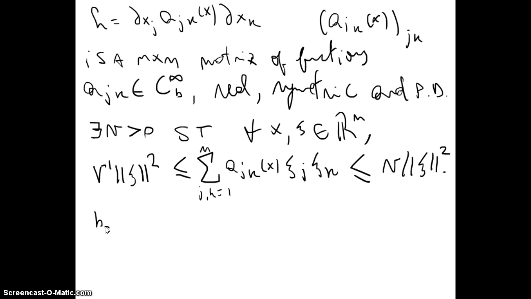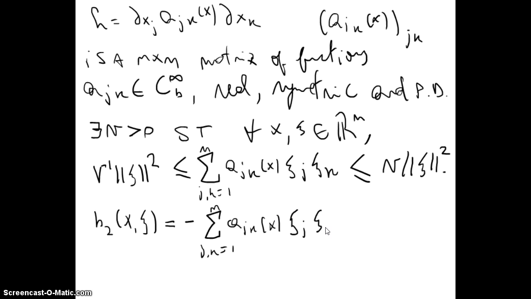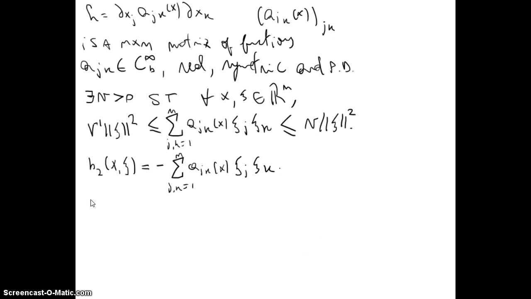And now let h2(x, xi) be the principal symbol, that is to say, the sum over j,k of ajk(x) xi j xi k. Okay, so the bicharacteristic flow is the flow of the Hamiltonian vector field H of h2.